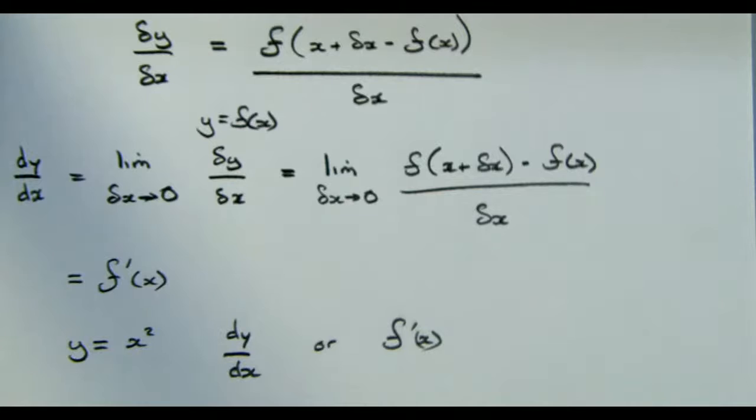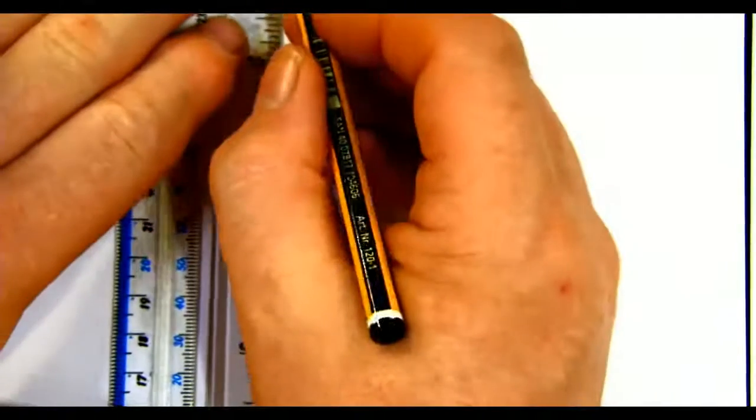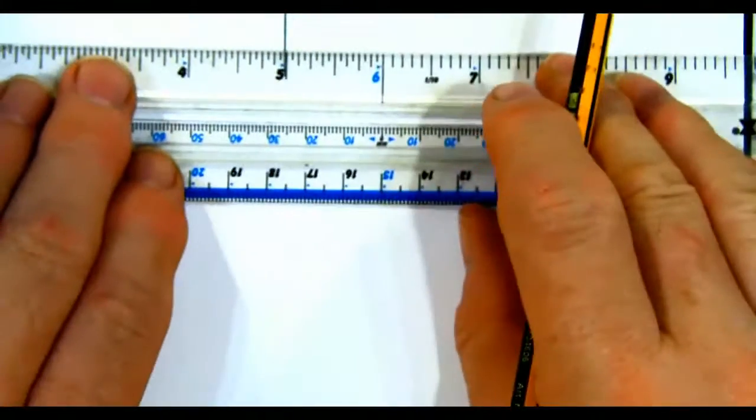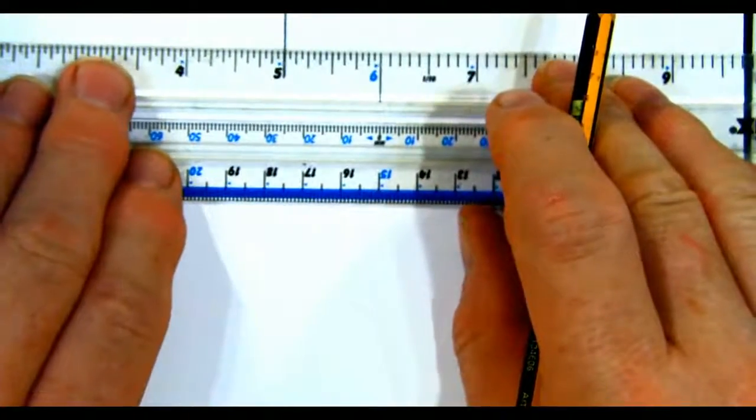Can we do any other standard differentials to work out? Yeah, of course we can. Let's suppose we've got some other nasty equation, and they're bound to give you something horrible in an exam to try and do.